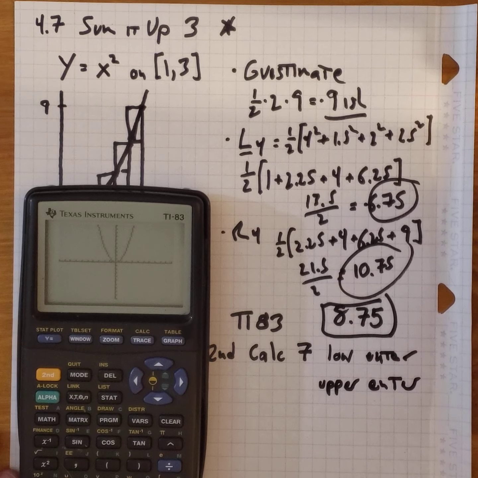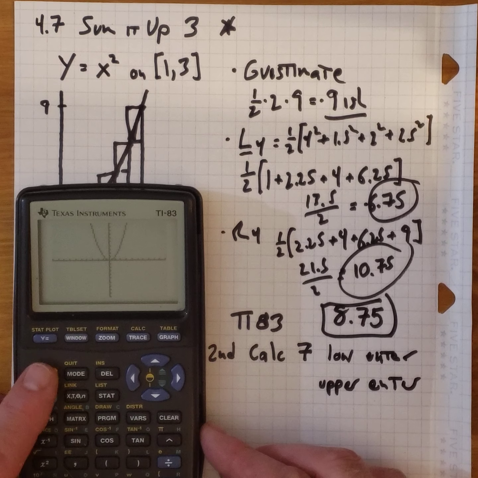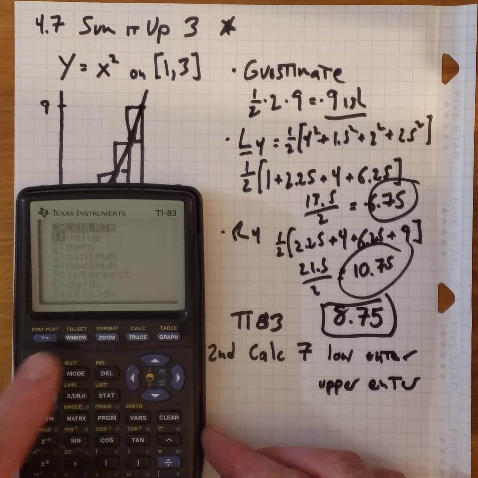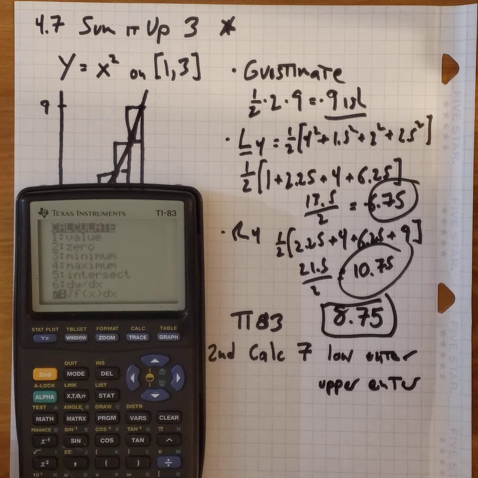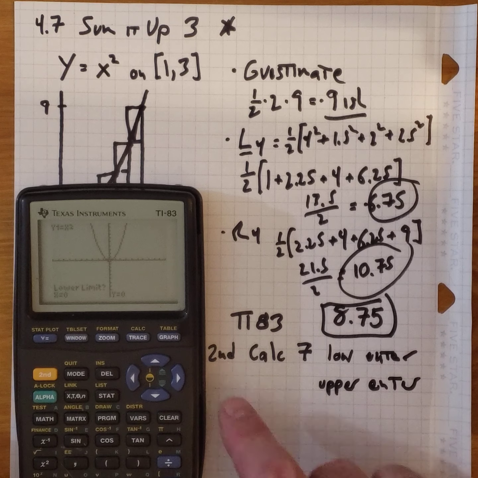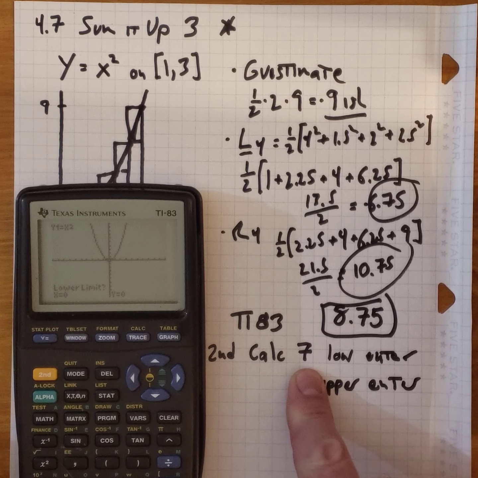If you want the area under that curve over an interval, you do second calc. Down here is the thing we're after, and I'm going to talk about that symbol in the next video. It's the integral symbol. So we choose that: second calc, and that's option number 7, or you can arrow down to it like I just did.